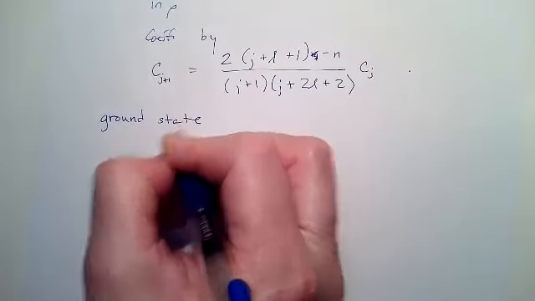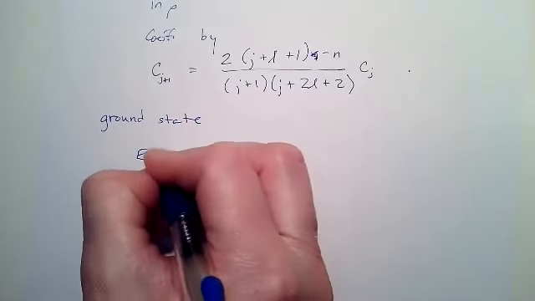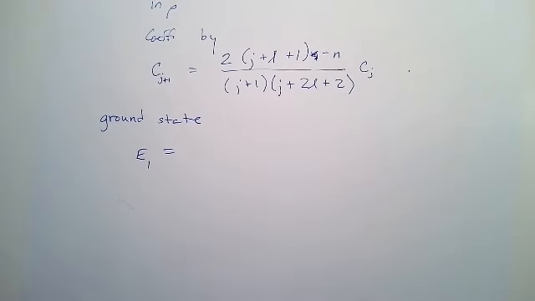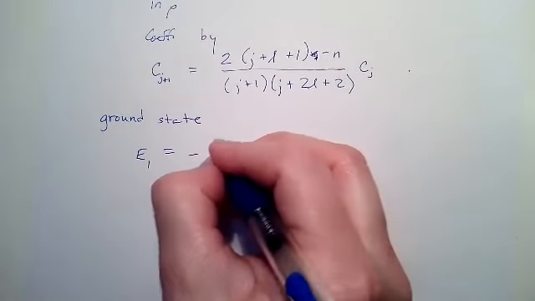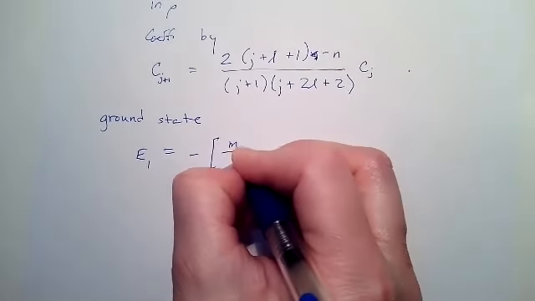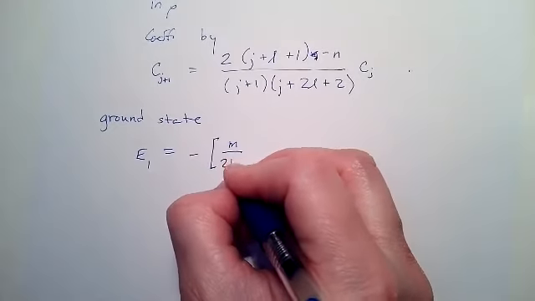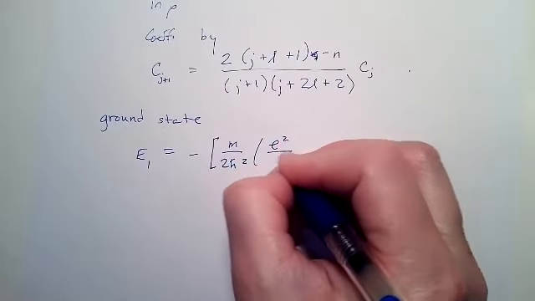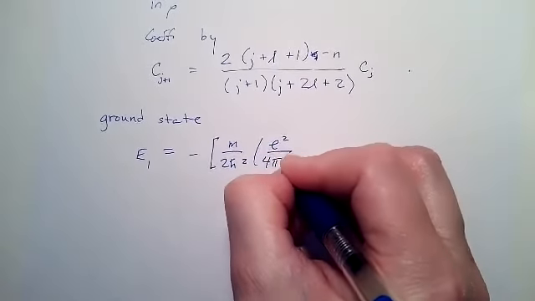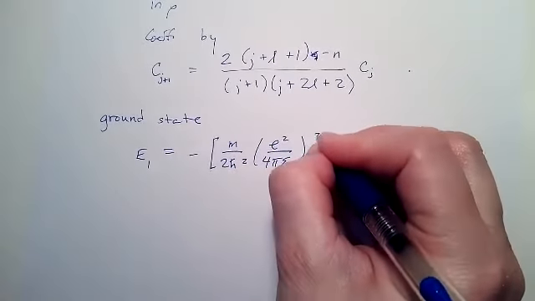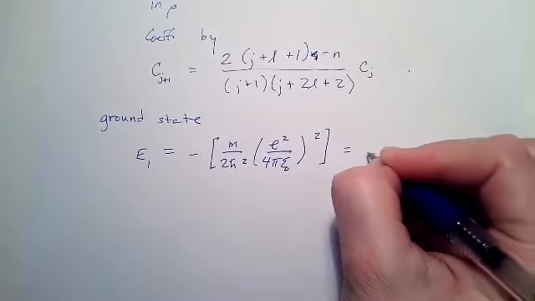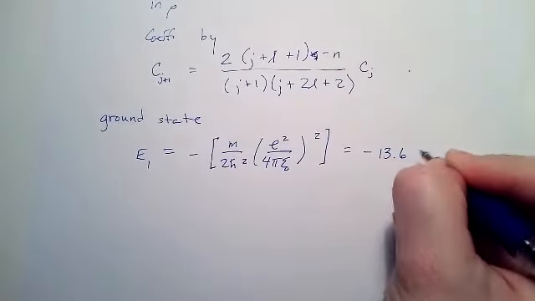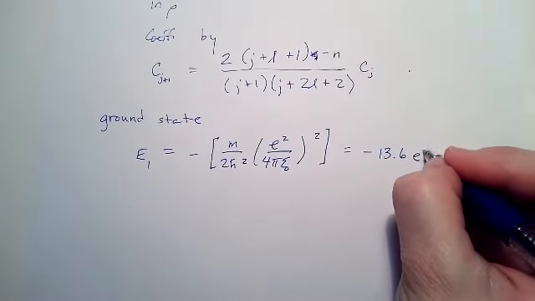All right. Then in our ground state, this is just a summary of what we've already done. Ground state is where n equals 1. So the energy of our ground state is negative m over 2 h bar squared, and so the ground state energy of hydrogen is negative 13.6 electron volts.